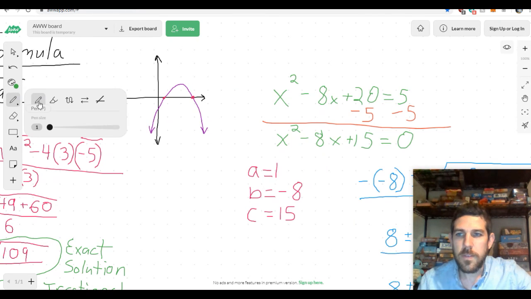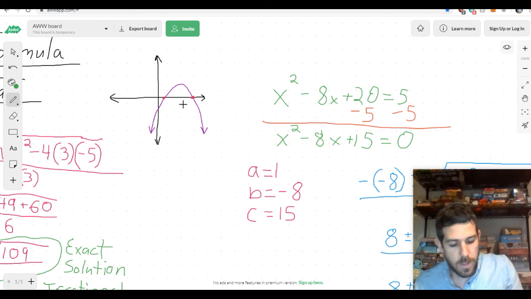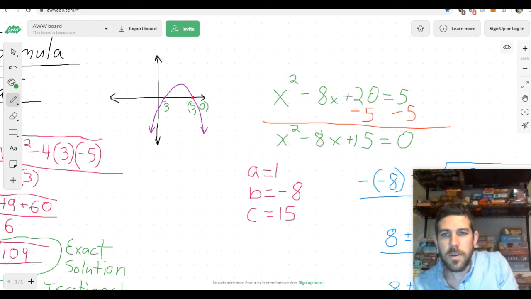We could even, if we were labeling our quadratic formula or trying to figure out a word problem using a parabola, you would know that this value would be 3 and this value would be 5. And again, these are ordered pairs. They're the values of x that make the equation equal 0. So 5, 0 or 3, 0.